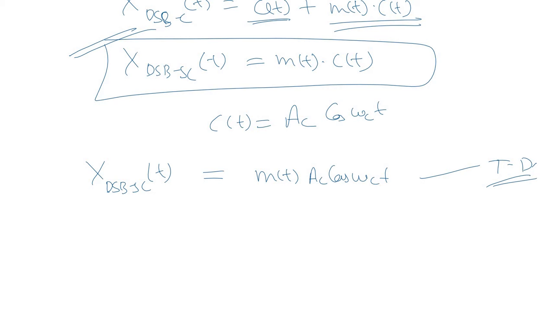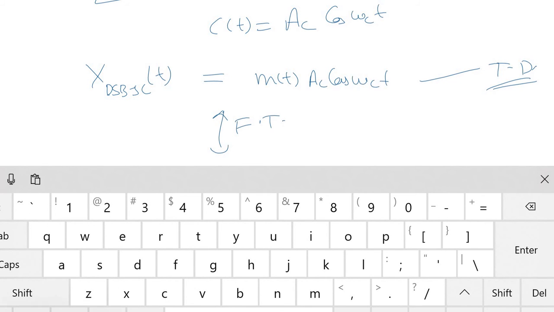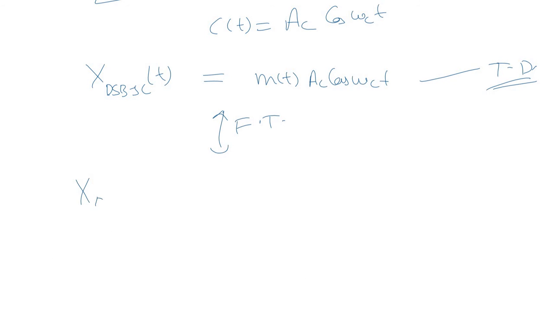We can take its Fourier transform and represent it in the corresponding frequency domain as well. So let us take the Fourier transform of this time domain expression. We know the Fourier transform of this cosine signal is in the form of impulses.